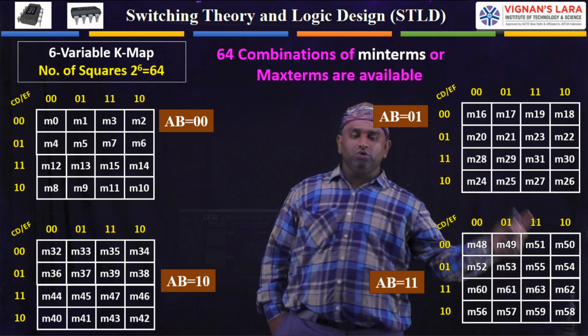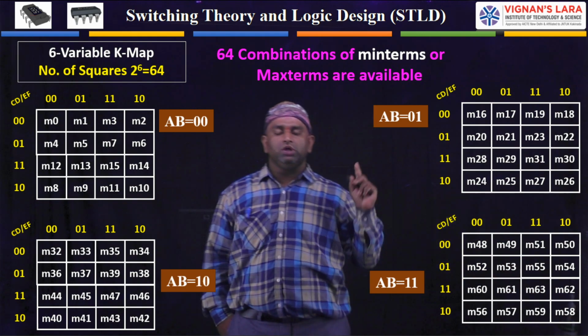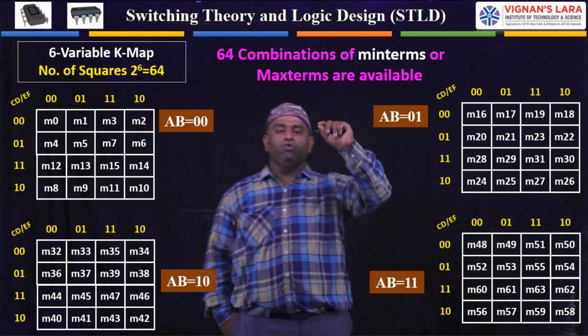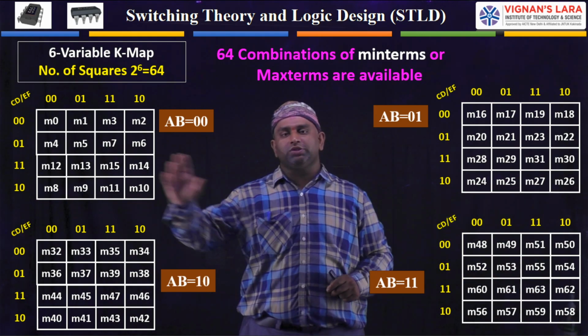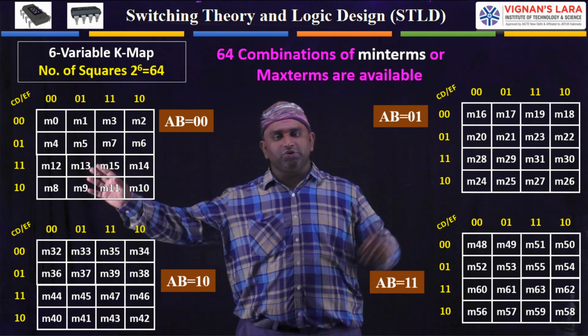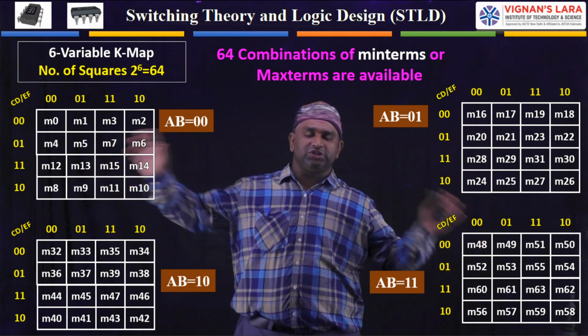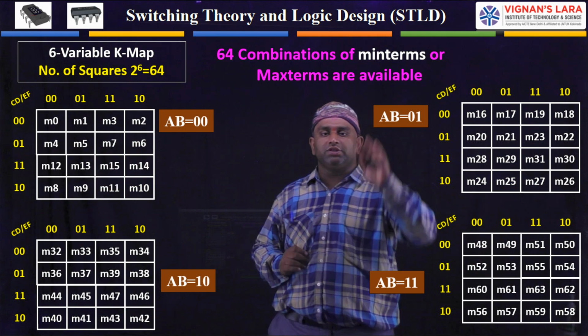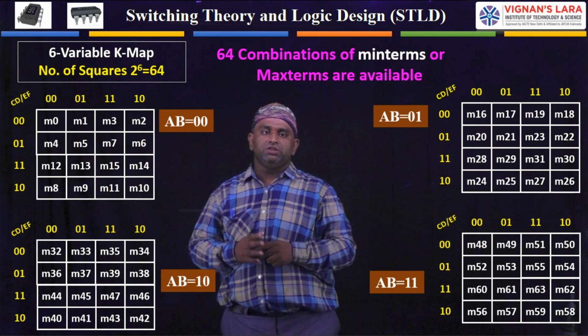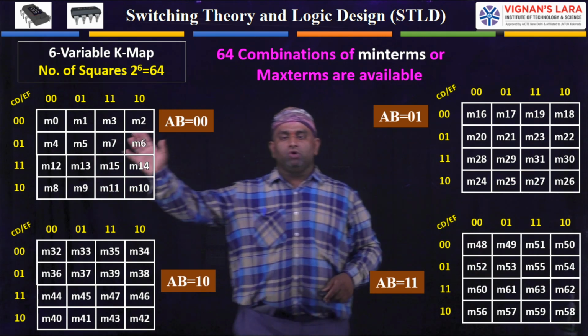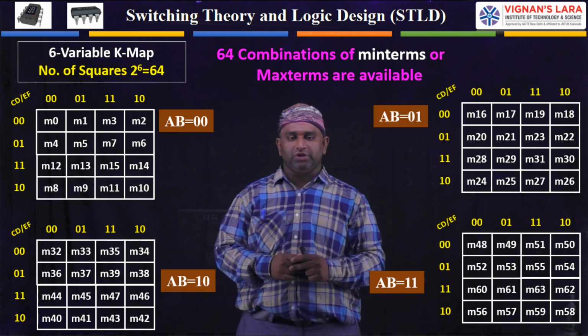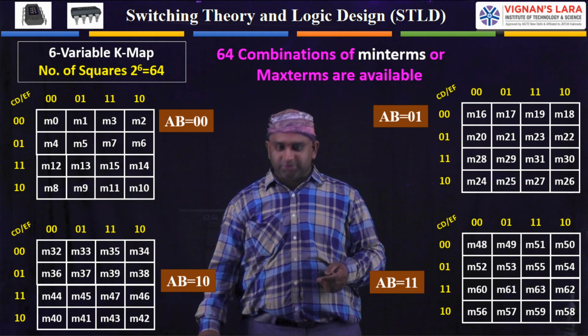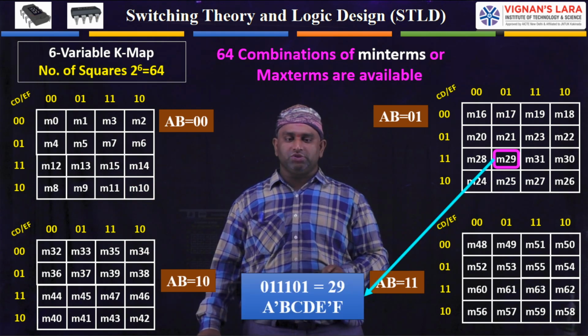Total 0 to 63, total 64 combinations. Starting from 0, the ending value is 63. It's a very simple thing; you have to remember that total 64 combinations are represented here. These are the minterms. Now we will see the max terms also.